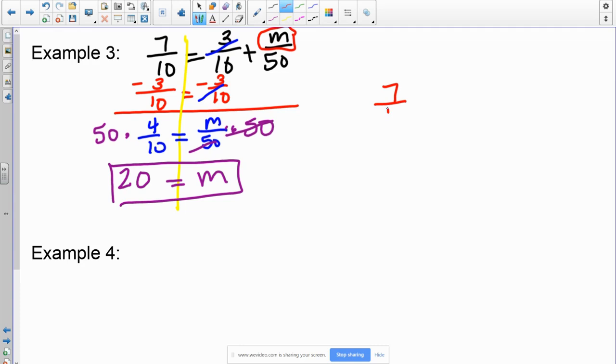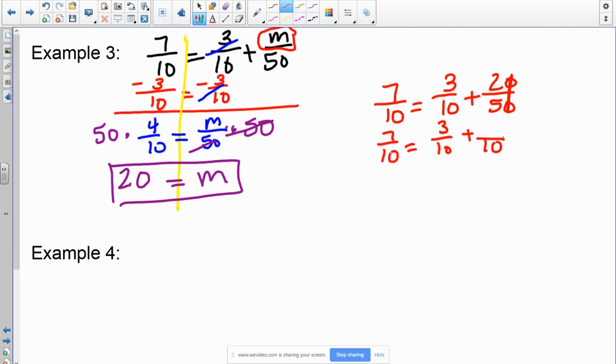So 7/10 is supposed to equal 3/10 plus 20/50. So it's already kind of a problem here. I'm going to simplify this fraction. Since they both have zeros, I can cross that out. So now I have 2/5. And if you remember, if you're adding fractions, you have to have the same denominator. So 2/5 is the same thing as 4/10.